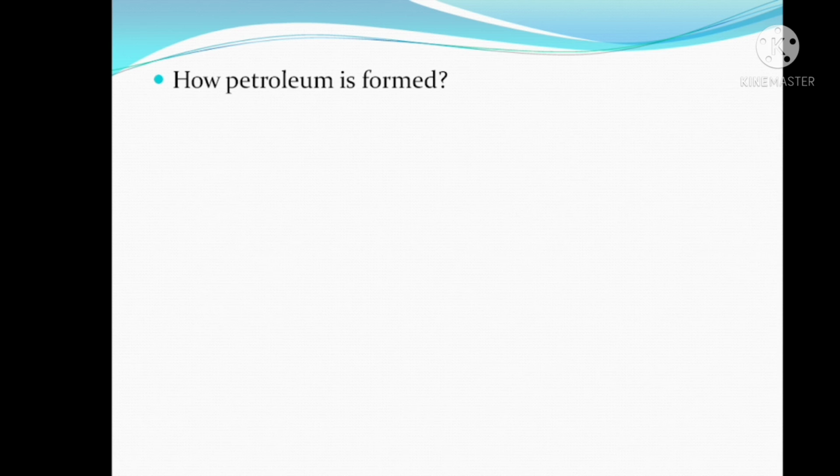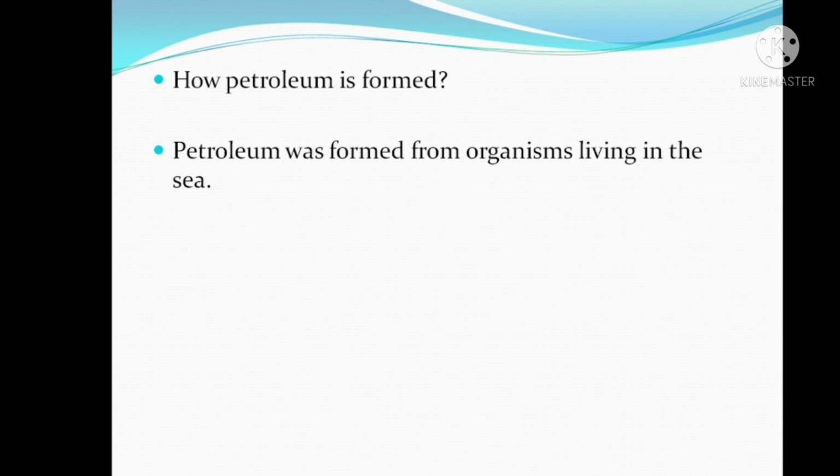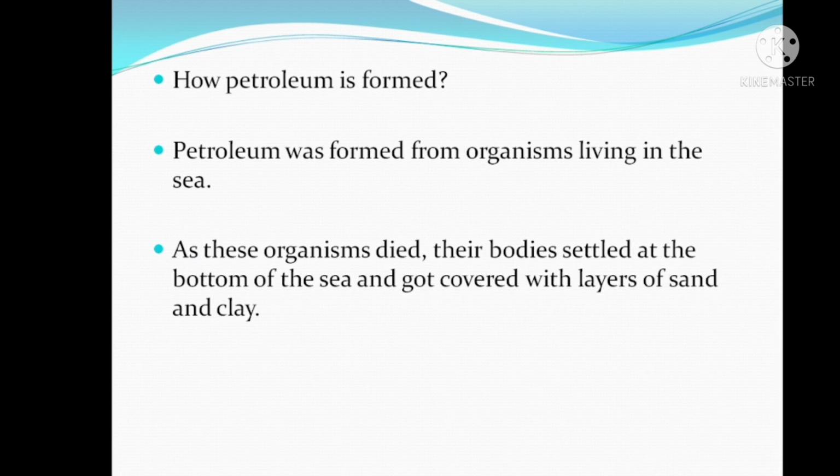How is petroleum formed? This is also very important. It is the same as coal. Petroleum was formed from organisms living in the sea. As these organisms died, their bodies settled at the bottom of the sea and got covered with layers of sand and clay. These are the dead bodies of different sea animals.